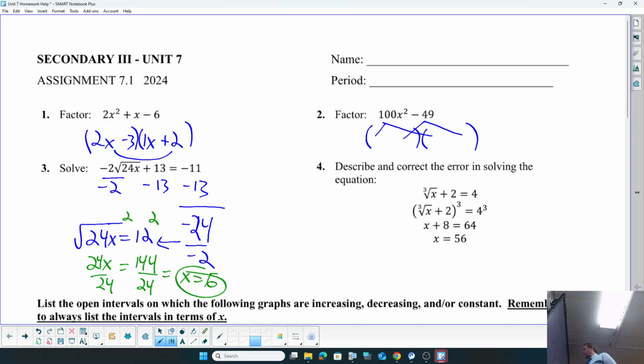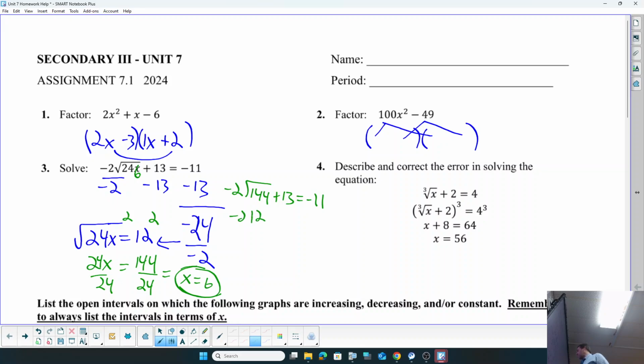So let's see if it works though. Make sure you plug it in. Make sure it works. So 6 times 24 is 144. So that's 144 plus 13 is equal to negative 11. And the square root of 144 is 12.